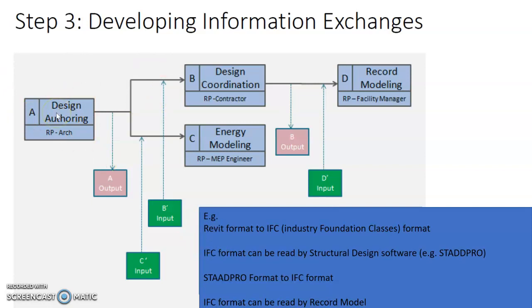And if he were to just pass that model as an electronic file to the design coordination person, the file may not be readable by the software doing the design coordination, because the design coordination may not be done using Autodesk Revit.